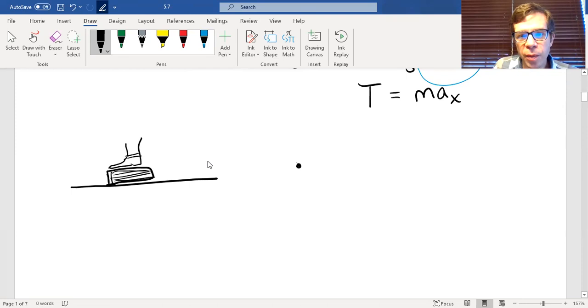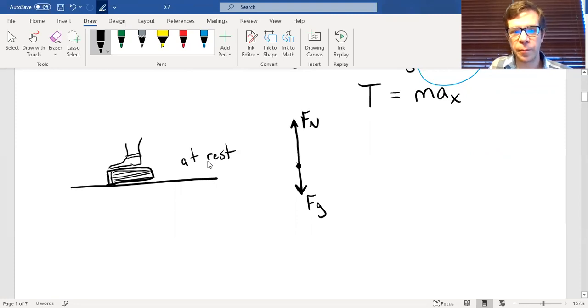So if we look at a free body diagram here, what do we have? Okay, and the book is at rest. We have gravity, right? The book has mass, so there's a force of gravity on it. It's in contact with the ground, so we have a force perpendicular to the ground. Make it a little longer. We'll see why in a second.